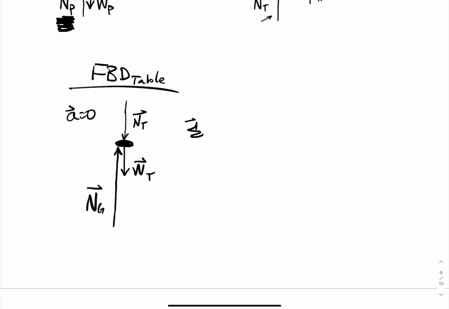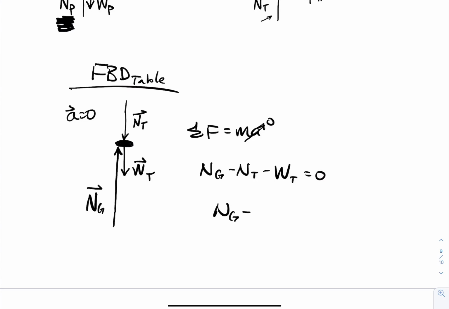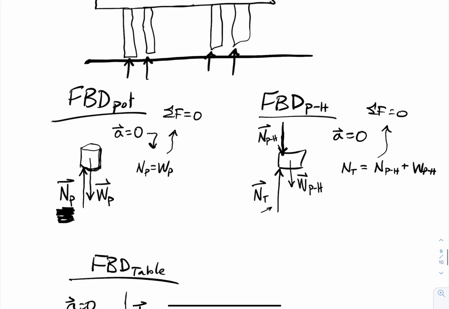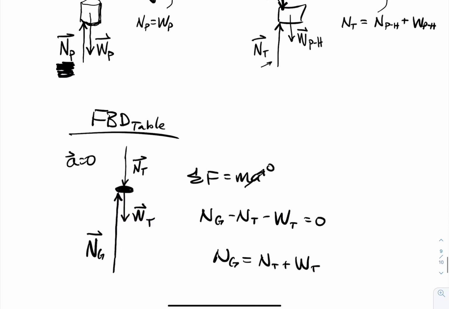So the sum of our forces is equal to ma, but a is 0. So we have Ng minus Nt minus weight equals 0, and that's where the equalities I was talking about came from before. The whole point is, when we analyze external forces, we use these FBDs to help our analysis.